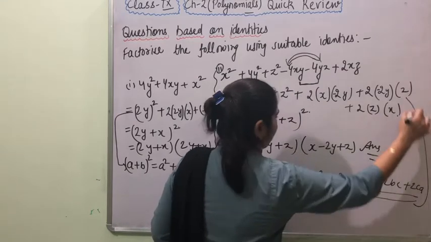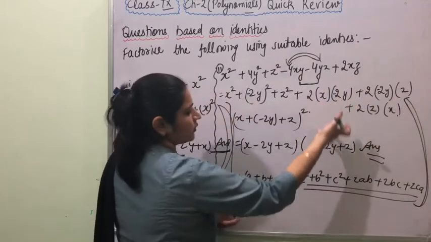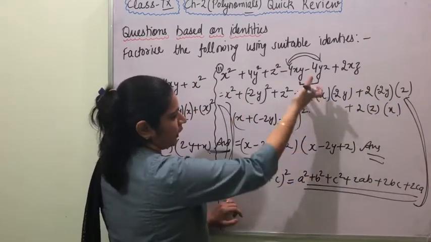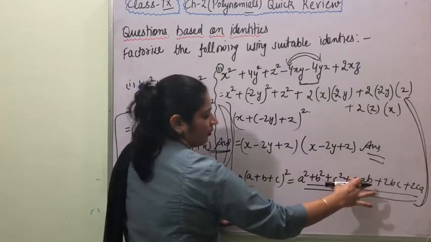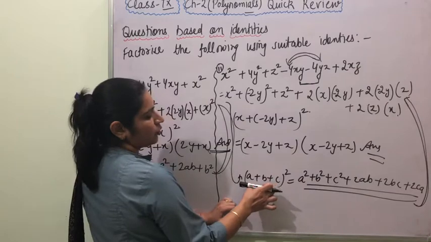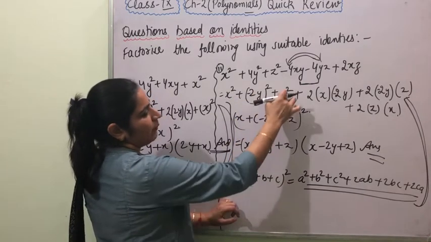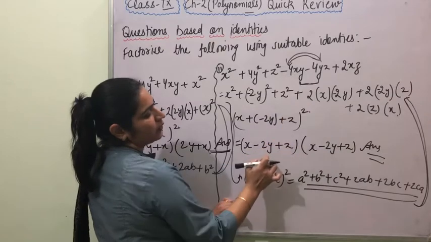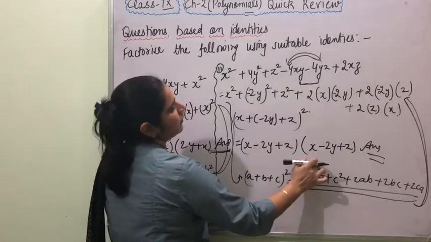With the help of the right hand side, when we equate the right hand side of these two identities, we will write down the left hand side, which is equal to (a + b + c) whole square, which is equal to (x minus 2y plus z) whole square. Whole square means the term is occurring twice. This is the final answer.